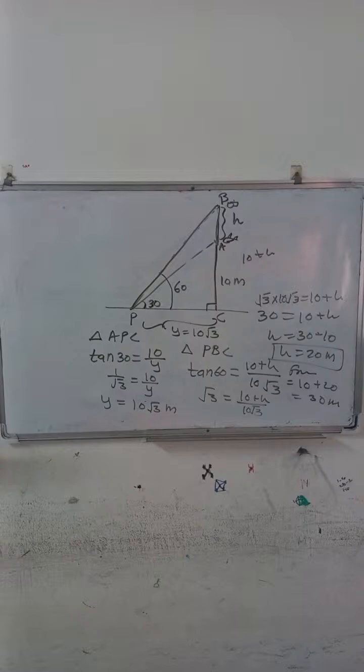I'll repeat. From the point 375 meter away from the foot of the tower, the top of the tower is observed at an angle of elevation of 45 degrees, then find the height of the tower.